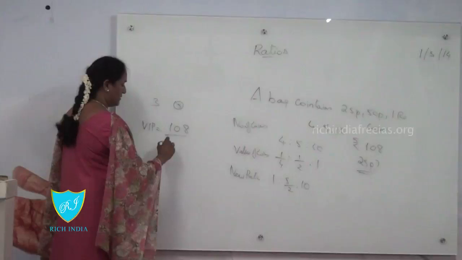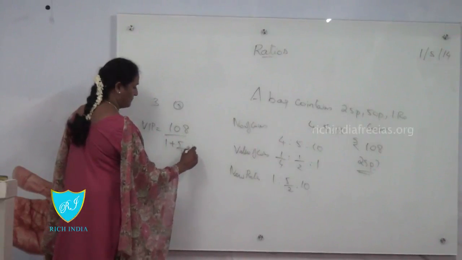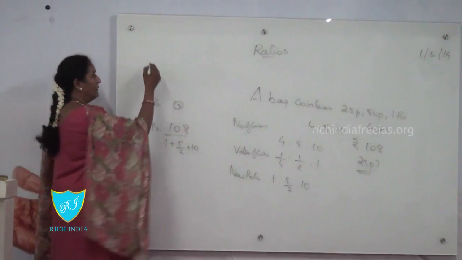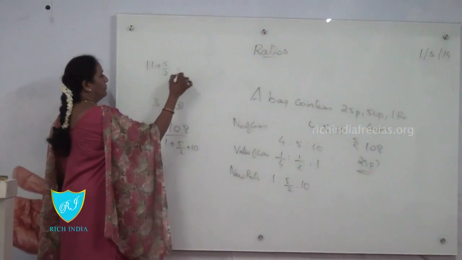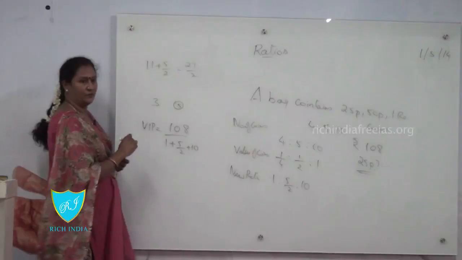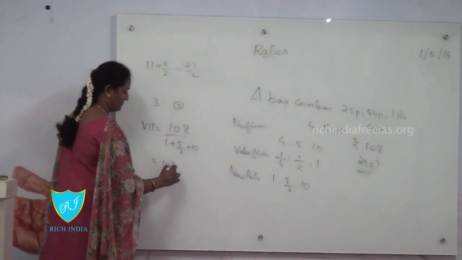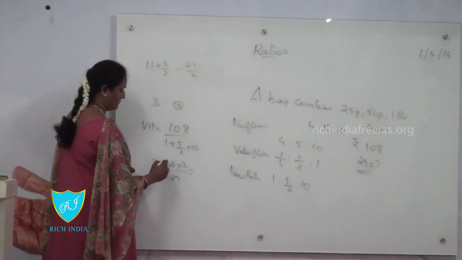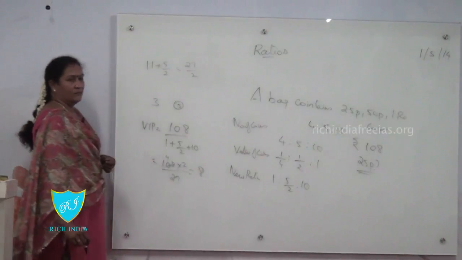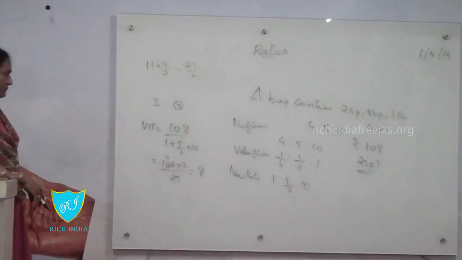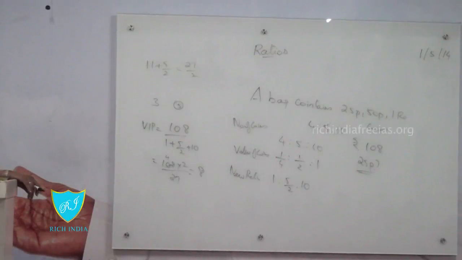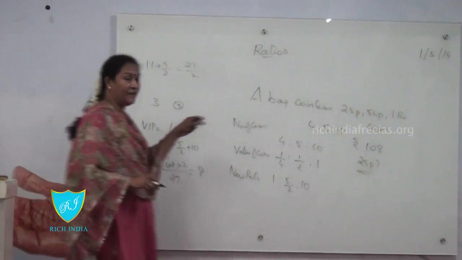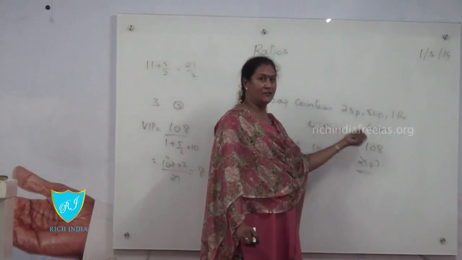So now divide by this sum. 1 plus 10 is 11, plus 5/2, so 27/2. This is the data: the total value in the bag is rupees 108.